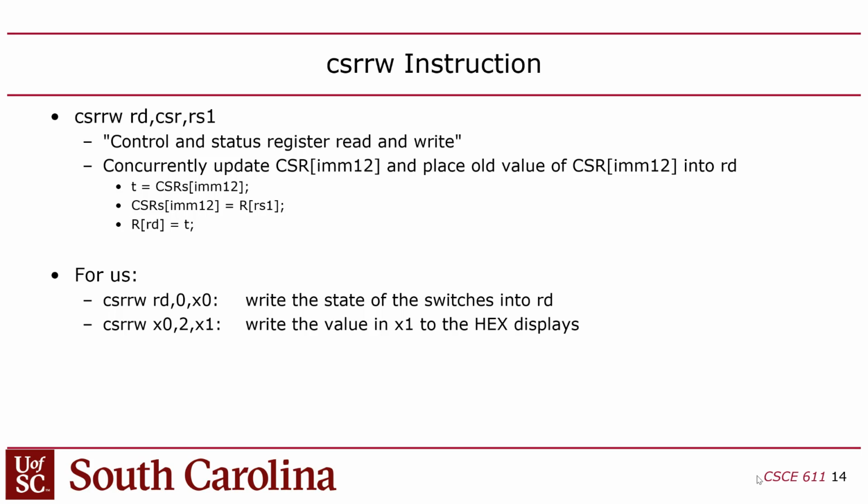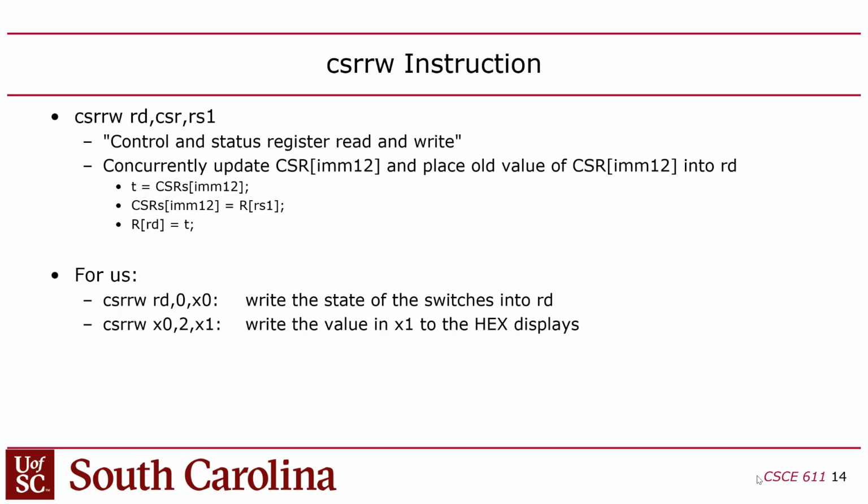So what that means is that if we want to read the switches, and I never remember this, I always have to look this up. So you might have to refer back to this. If you want to read the switches, in other words, the switches on the FPGA board, you want to take the value of the switches and suck them into your register file. You just specify 0 as the register you want to, the second operand is the, there's the legend up there, RD, CSR, RS1.